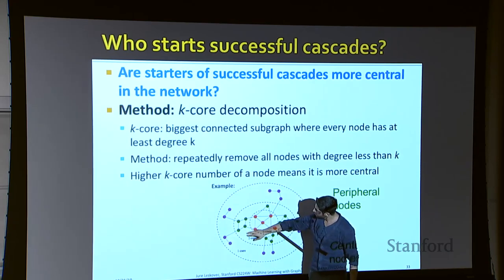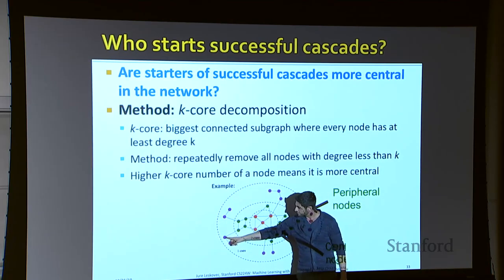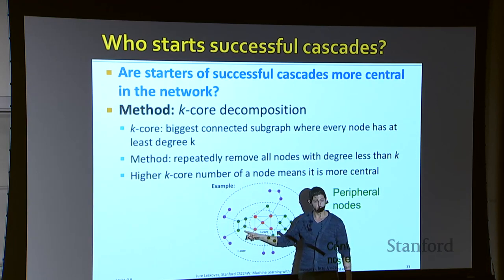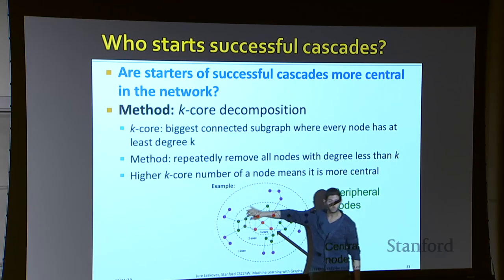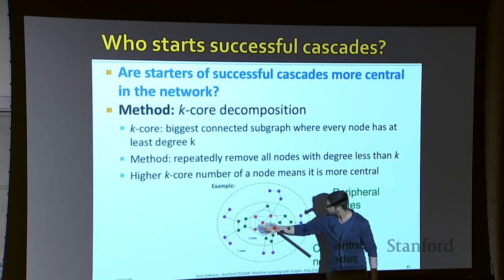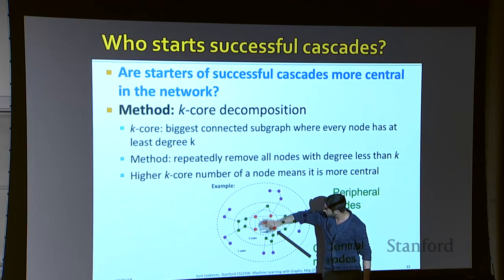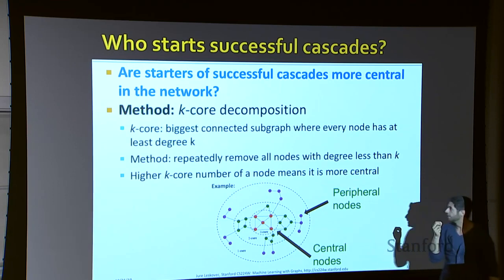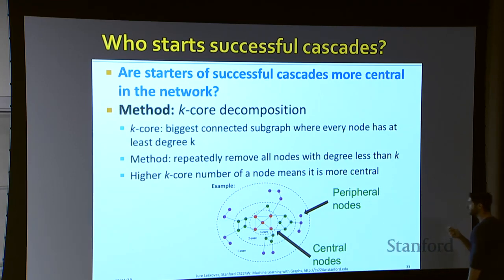Now, once we jump to this green node, in the second round where we try to peel the 1 core, even if we remove this purple node, all these green nodes will have degree 2. That's why they're part of the 2 core. And you can just keep on doing this incrementally until you get stuck with this 3 core, where all these red nodes have at least degree 3. That's why we work with this concept of K-core.